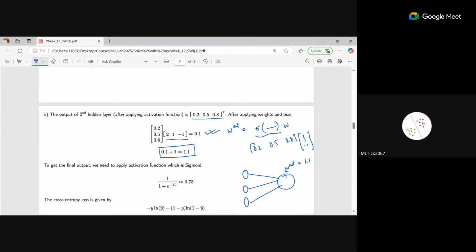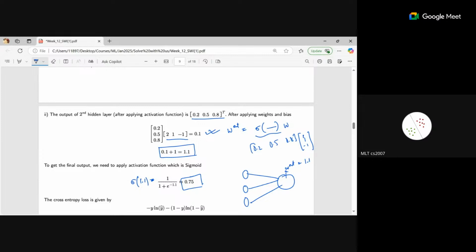Since the activation function that we are using is sigmoid, we apply the sigmoid function over here. Sigma of 1.1 is 1 divided by 1 plus e to the power minus 1.1, and it becomes 0.75. So this is the final output that we have gotten.